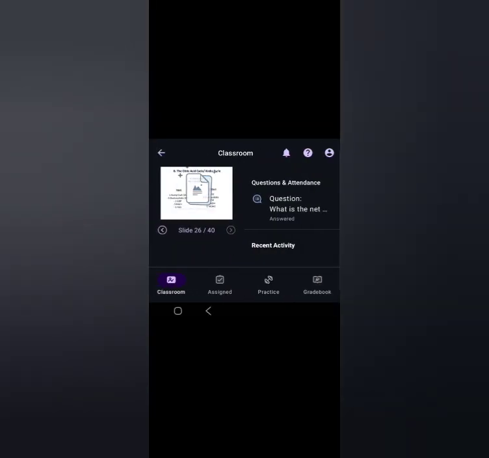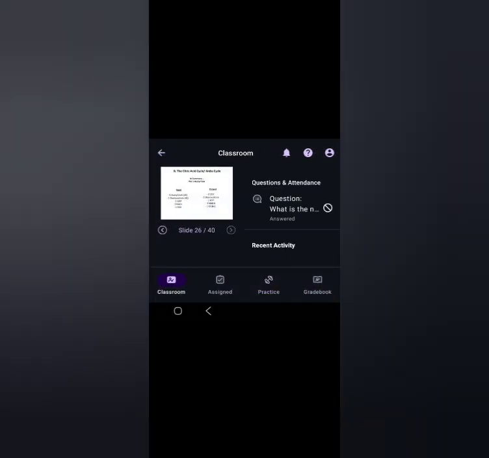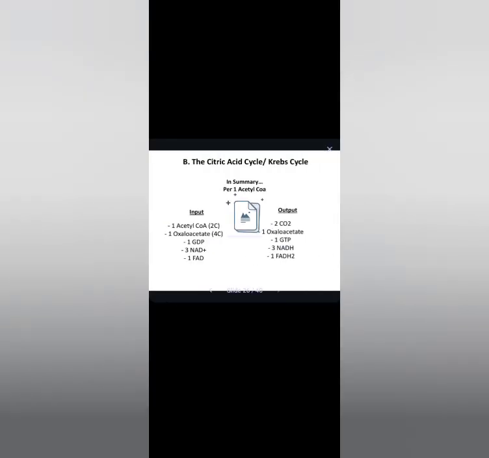During this process, you reduce NAD plus into NADH, but this happens twice because you have 2 pyruvates, so you get 2 NADH out of pyruvate oxidation from the products of glycolysis from one glucose molecule. Does that make sense? Okay. So at the end, you have 2 acetyl-CoA.